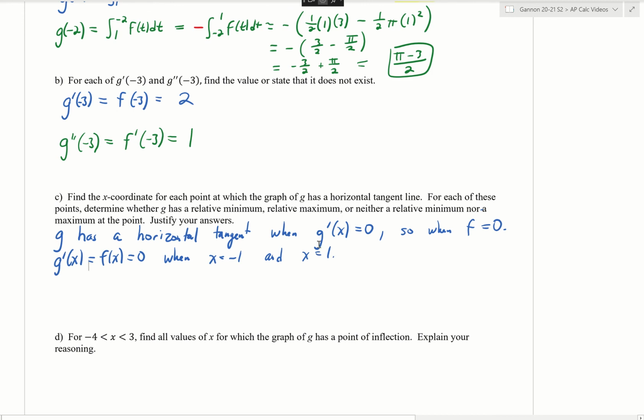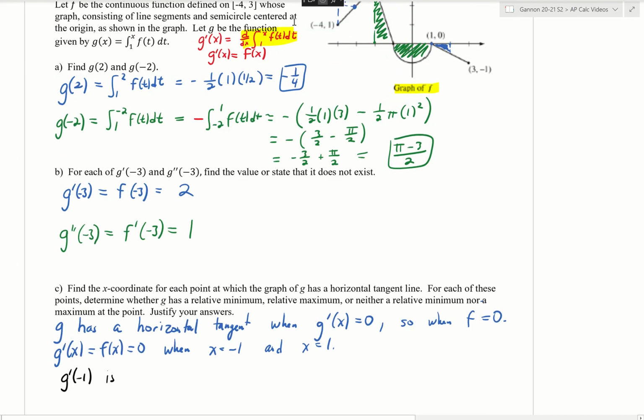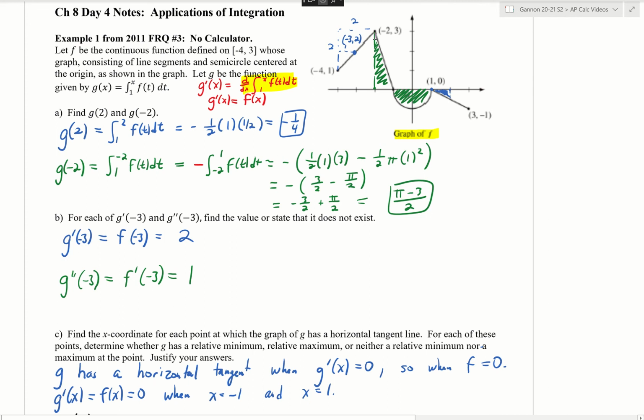Now the other thing the question wants us to identify is if it's a relative minimum or relative maximum, or neither. So for g prime of negative 1, when you look at the graph, again, this graph represents the derivative of g. So at negative 1, the derivative is changing signs from positive to negative.